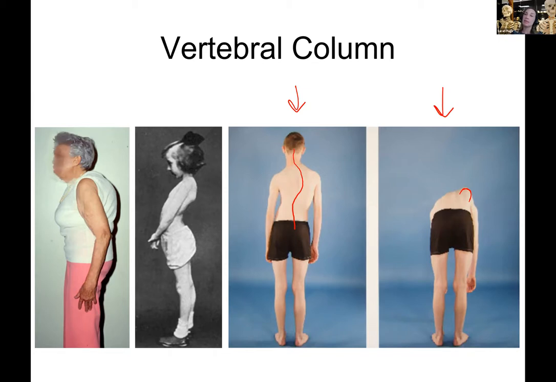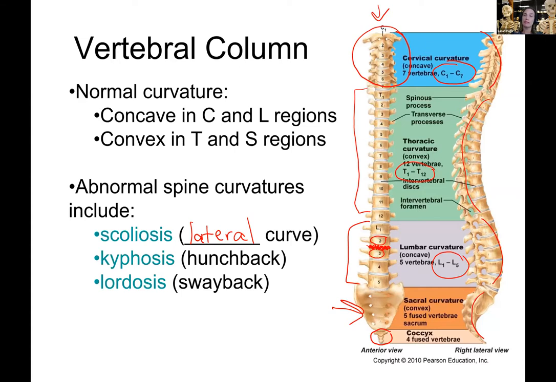I just went back because we have two other abnormalities and images there. One is called kyphosis. Kyphosis is a hunchback. So it basically is an exaggerated thoracic curve. The thoracic curve is normally convex, and it's usually more exaggerated, so it causes you to be sort of hunched over.